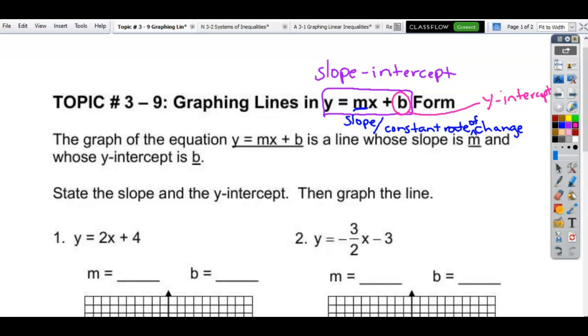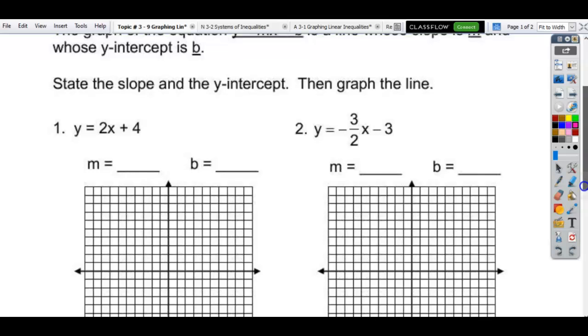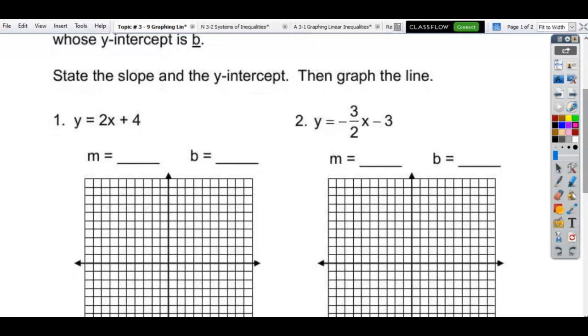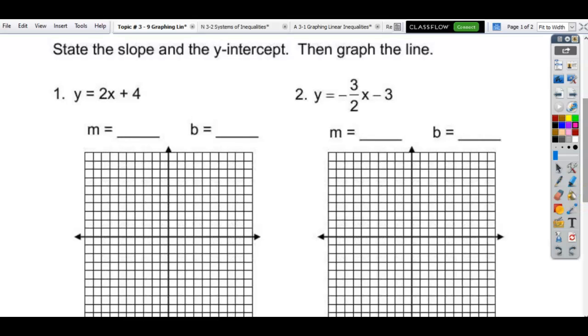So when we are working today, these equations are all in the slope-intercept form. You're going to identify the slope and the y-intercept and then graph it. When we're graphing, the first thing you're going to do is plot the y-intercept.